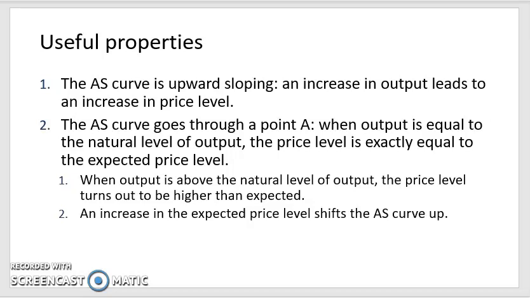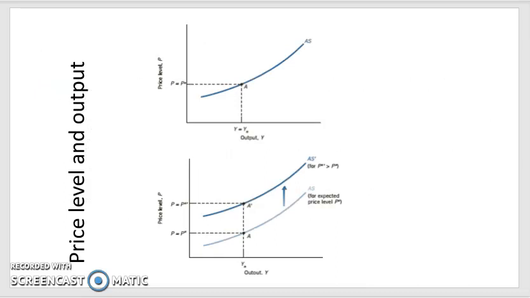When output is above the natural level of output, the price level tends to be higher than expected. An increase in the expected price level shifts the AS curve up. Let's look at this. This curve represents the AS curve, where the upward slope indicates the positive relationship between price and output.